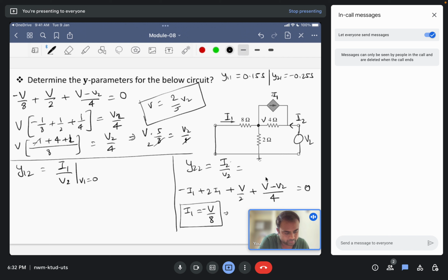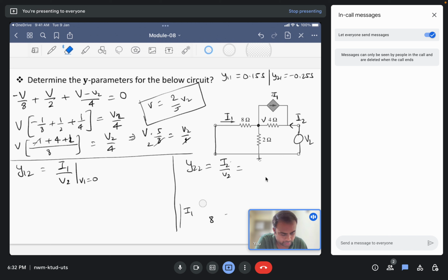So now we have to calculate I2 in terms of V2, because I2 by V2 is what we need. Since there are only two sources of current, I1 and I2 are coming here, so this will only pass through this resistor.